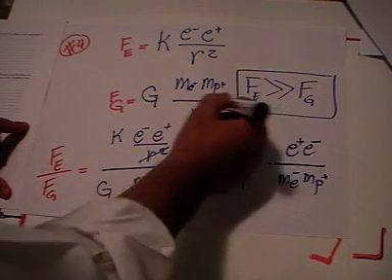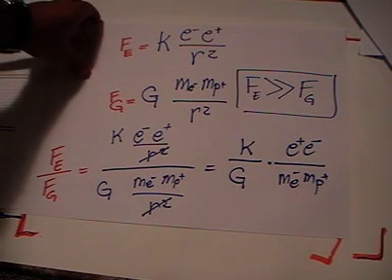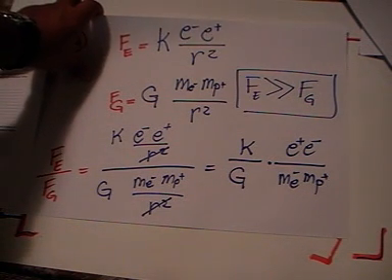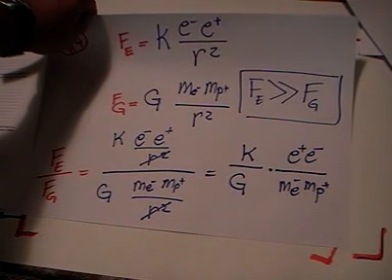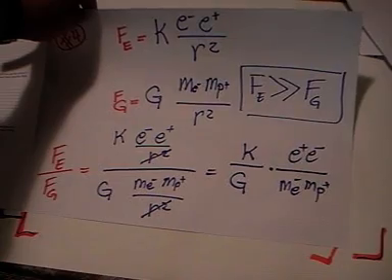That's why, whenever we consider the forces between the electron and the proton, or between fundamental charges in general, we often ignore the effect of gravity. When we compare the magnitudes of the electrostatic force between these two charges and the gravitational force, you see the gravitational force is very small in comparison.